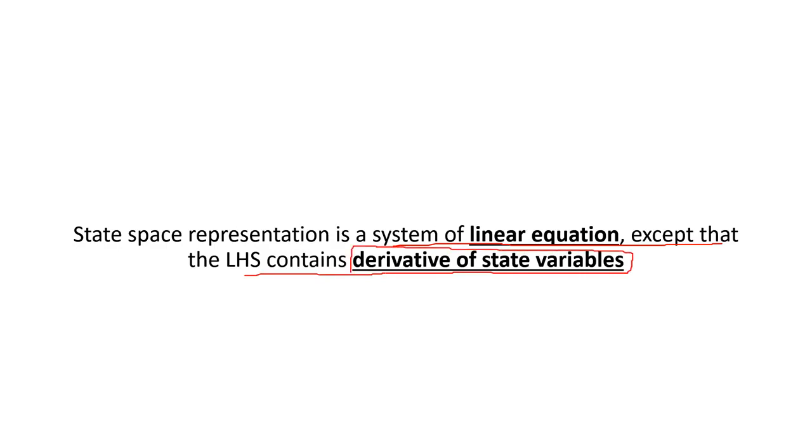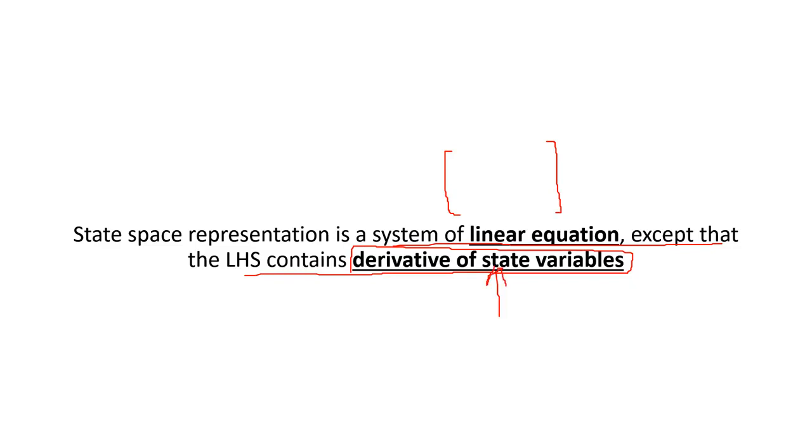And we know that a system of linear equations can be represented in the form of matrices. The only issue is that somehow we have to fix the derivative notation. And once the notation is fixed, then we can proceed with the matrix representation of the state space form of the physical systems.